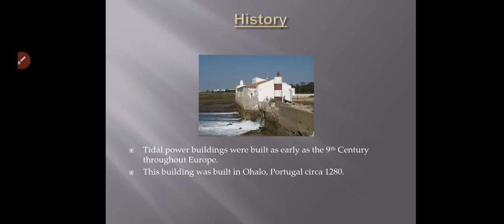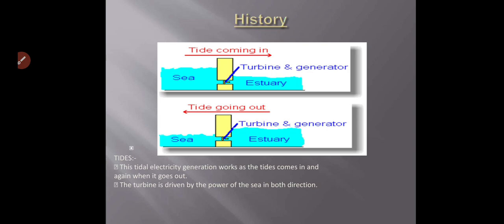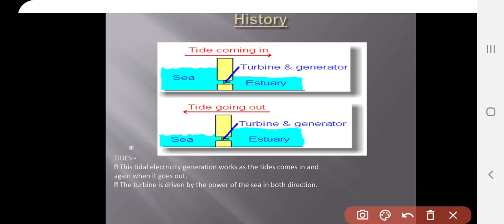Next, we'll go for tidal electricity generation. How the generation occurs. This diagram shows the turbine and the electricity generation system.